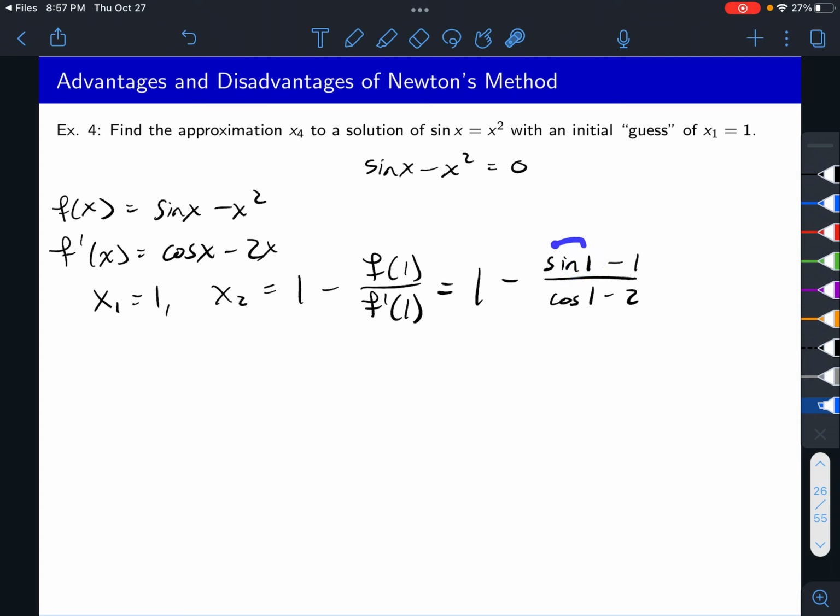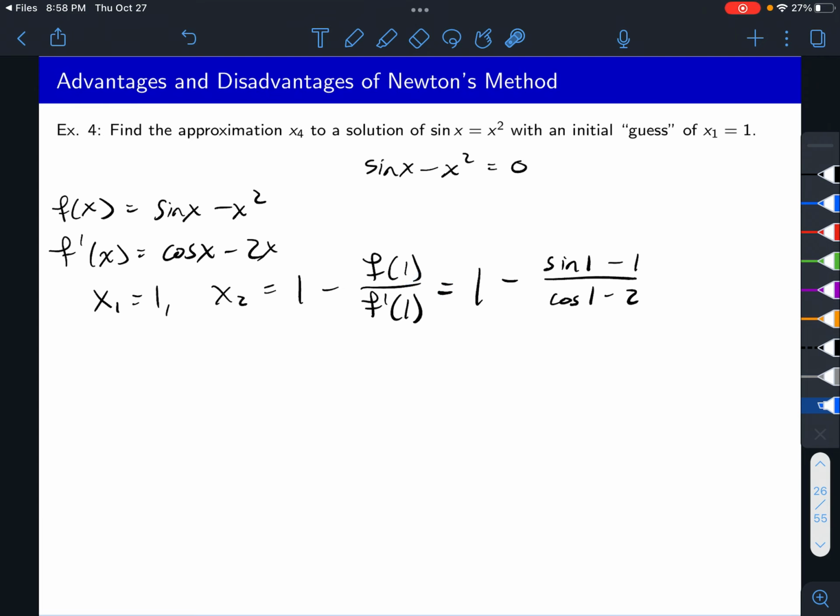So, what is sine of 1, right? So there's a problem here, right? Sine of 1, I have no idea what that's equal to without using a calculator. So if I need to use a calculator to do this estimation, then what the heck am I even doing?